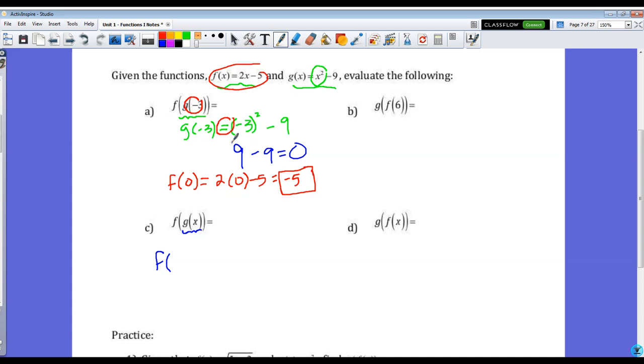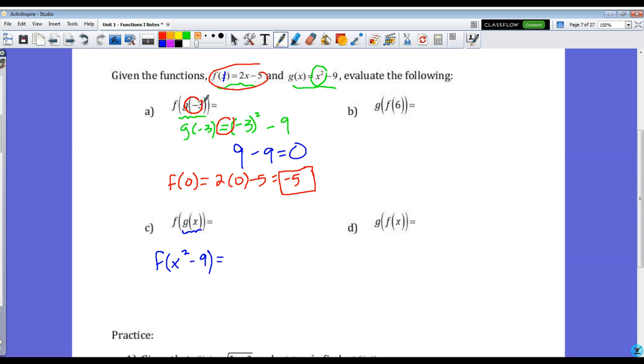So f of g of x. G of x is x squared minus 9. So what we're doing is f of x squared minus 9. Like we talked about in class, when I have questions like this, and it's a little harder to substitute when it's a big term like this, let's just go back to our basics. F of 1 is 2 times 1 minus 5. F of 7 is 2 times 7 minus 5.